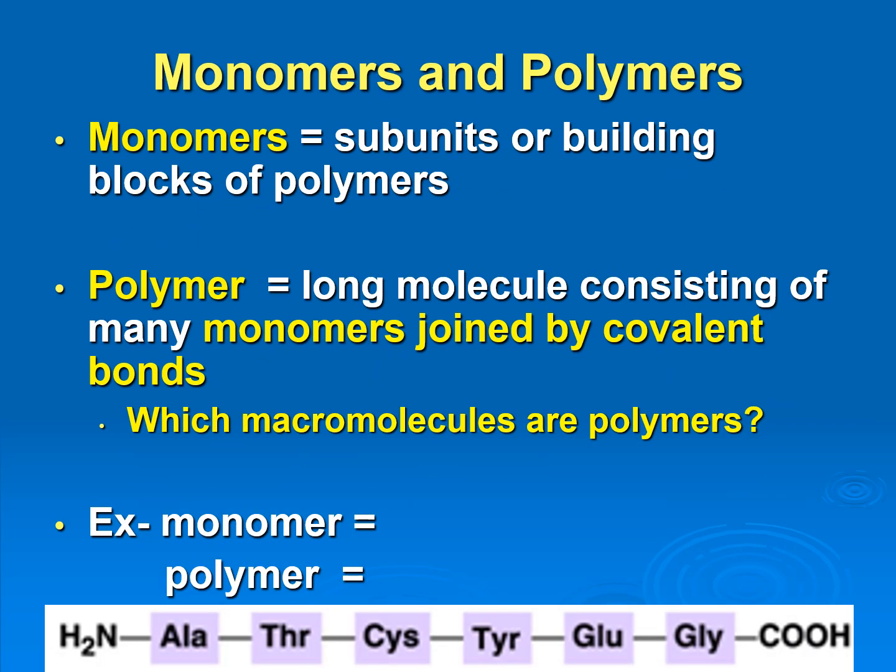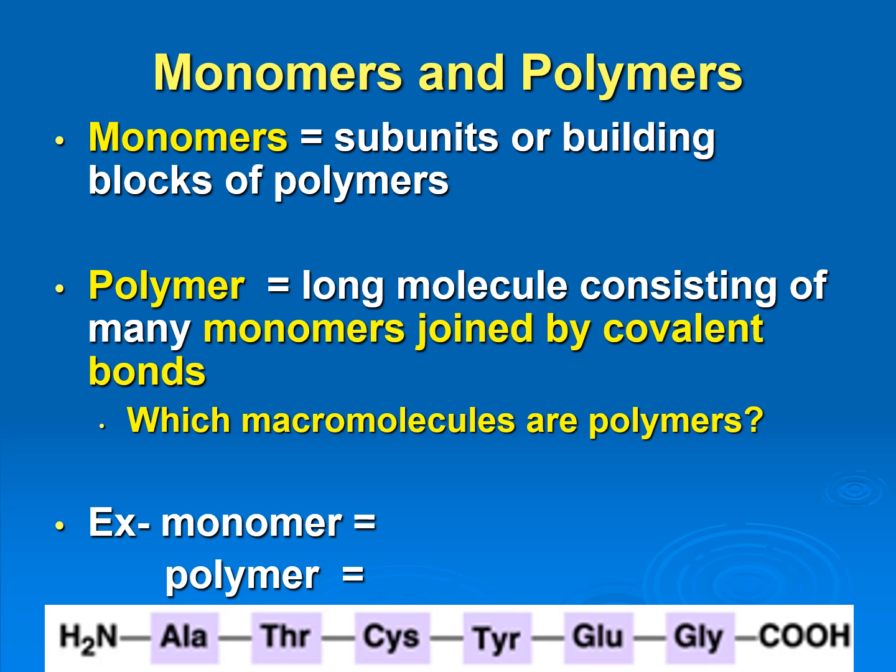So many of our macromolecules are polymers, and a polymer is just a long molecule that's made up of many monomers. And a monomer is just a subunit or building block that makes up the polymer. If we look at that word monomer, mono means one and mer means part.